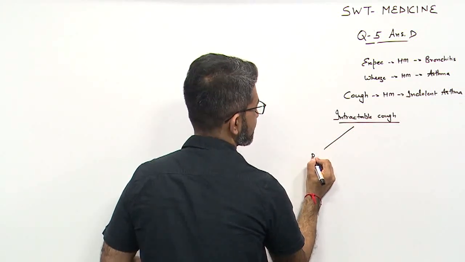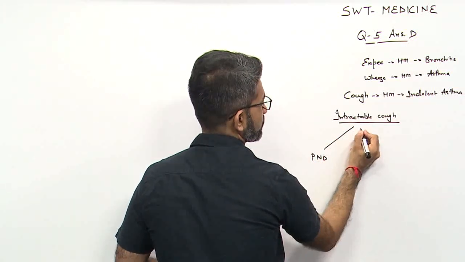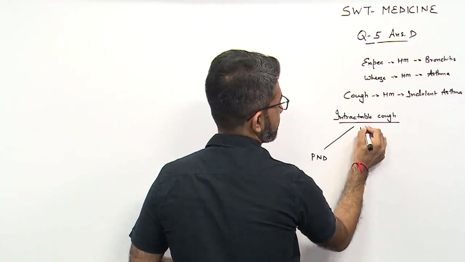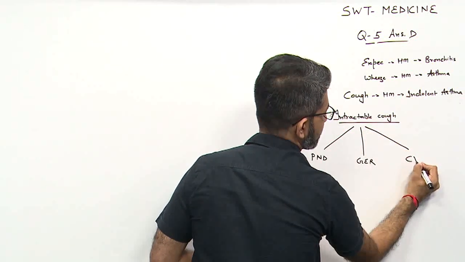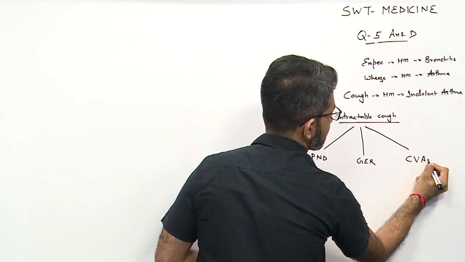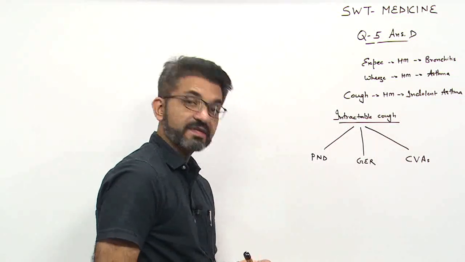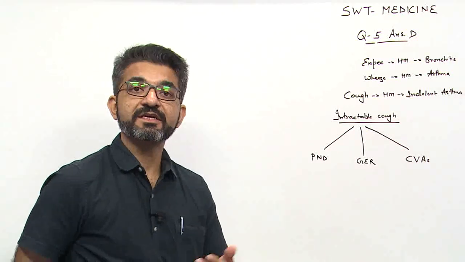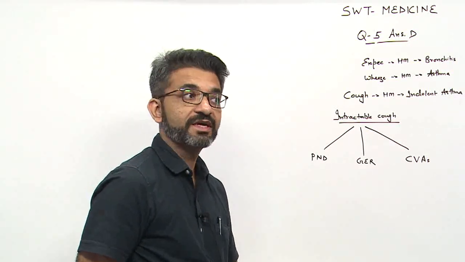First is post nasal drip, second is gastroesophageal reflux, and third is cough variant asthma. These patients will present with recurrent intractable cough, which is hard to diagnose.